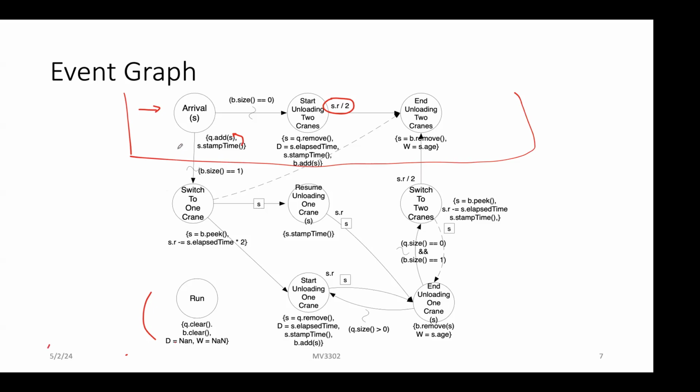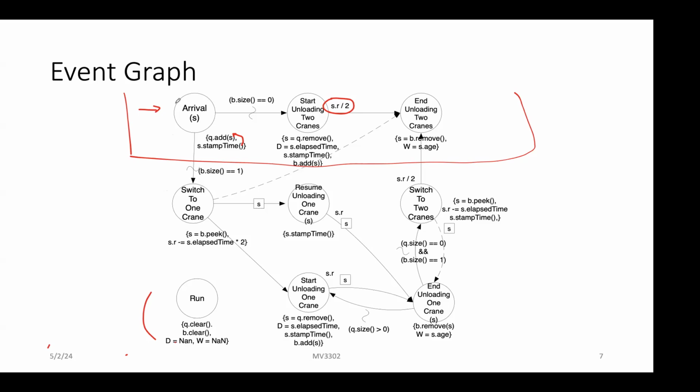All right. So now let's go back to our arrival event and see what happens if there's already somebody in the berth. So what's the situation with that? Well, the ship that was in the berth had been unloading at the double rate.